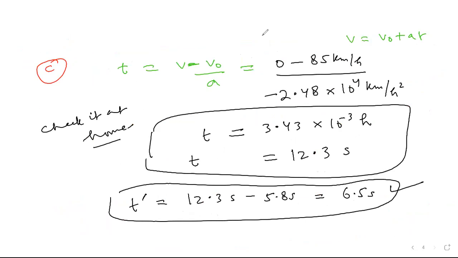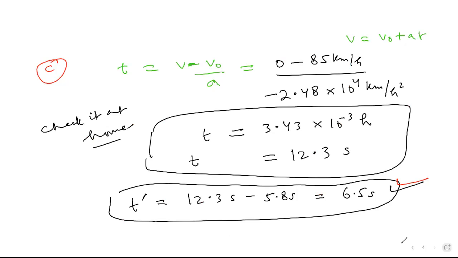This is my answer for part C, first portion. So we subtract 5.8 seconds from 12.3 seconds and get 6.5 seconds. So the car comes to a stop 12.3 seconds after you begin braking, or 6.5 seconds after it reaches the velocity of 45 kilometers per hour.